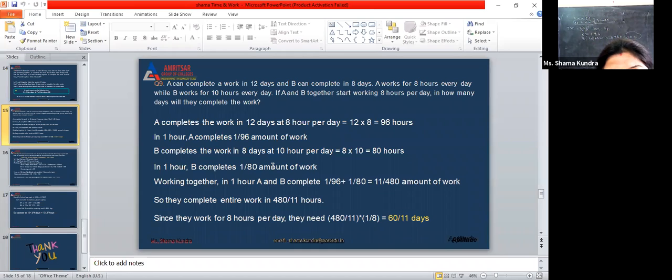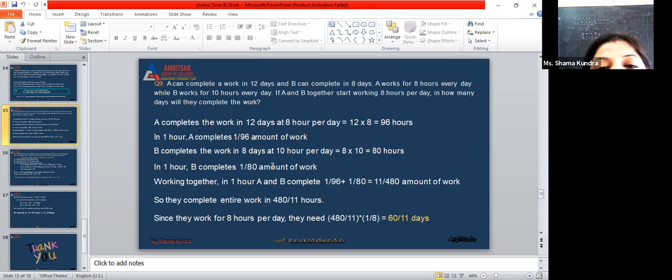Same way, B takes 8 days to complete the work, working 10 hours every day. So B takes 8 into 10, that means 80 hours.